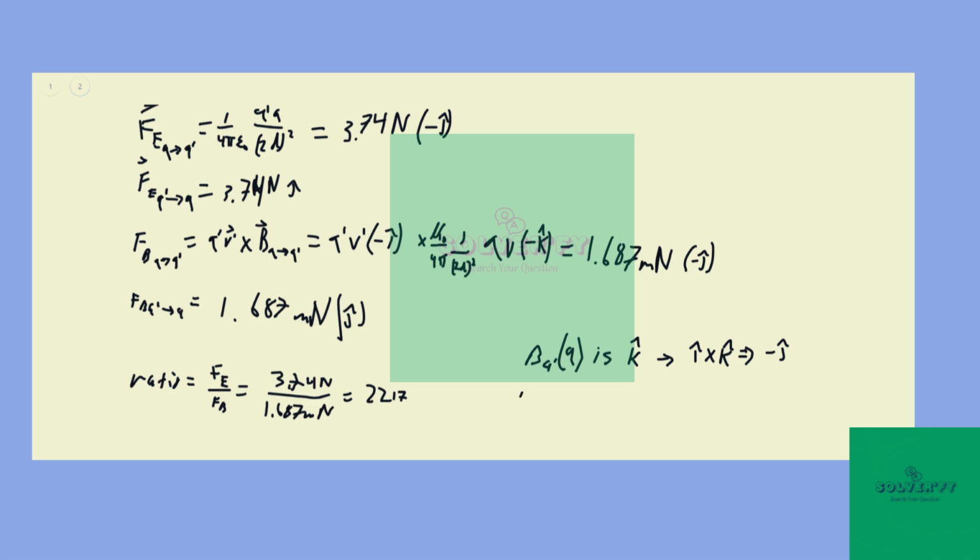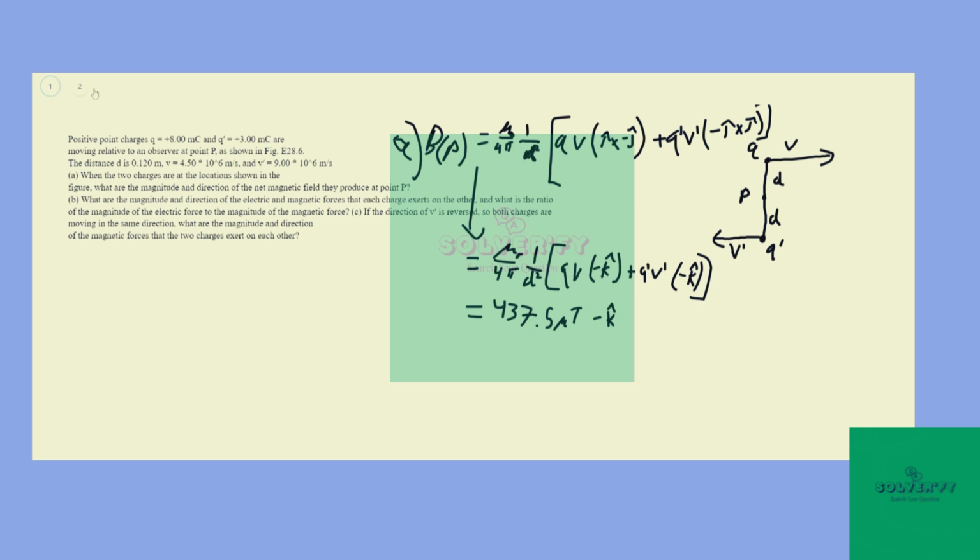And due to symmetry arguments here, for Q prime, the magnetic field of the point charge Q acting on Q prime is going to be negative k hat. And that means that we have i hat crossed with negative k hat, and that's going to result in positive j hat.